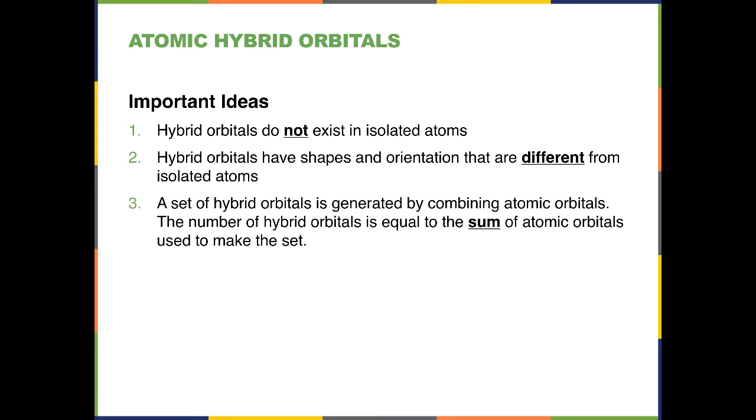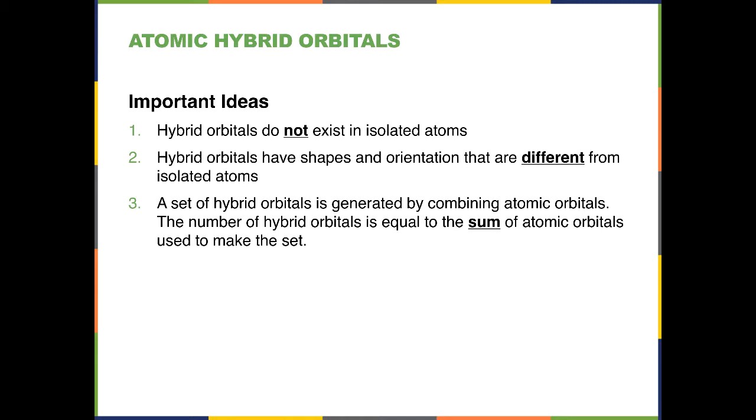The hybrid orbital is generated by combining the atomic orbitals. So what happens is that a p and an s combine together to create something called an sp, or two p's and an s get together and they combine to form 3 sp2 orbitals, and so forth.